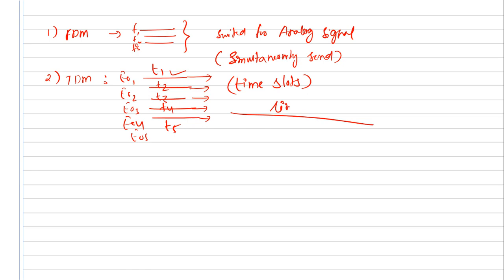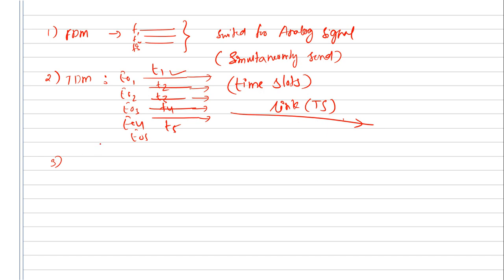The link they are using for sending can be fiber or copper, any link. So this link is shared based on the time slots. As I explained before, in time slot one only E01 can be sent. In time slot two, E02, on the shared link.